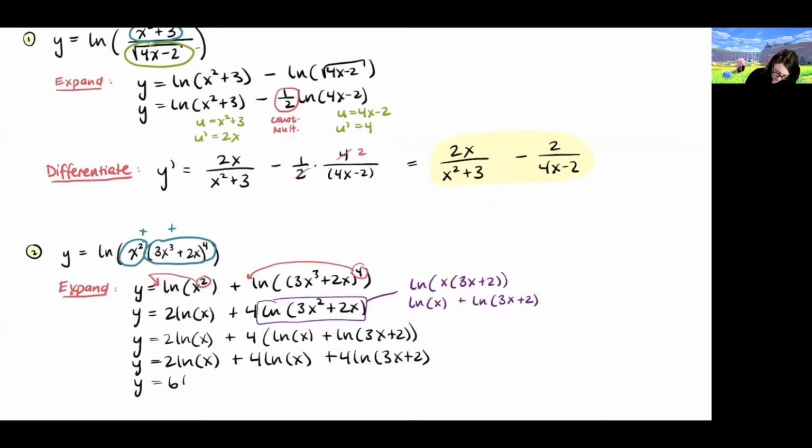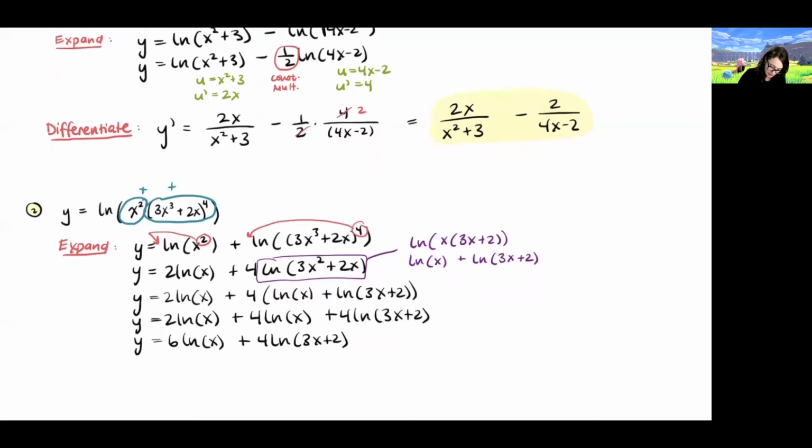So we can just combine those together into 6 natural log of x. Again, it wouldn't be wrong to stop right here and differentiate this, but we can make it even simpler if we factor. So that's something to keep in mind. If you have a GCF or maybe a polynomial that you can factor, it can be easier if you do that.